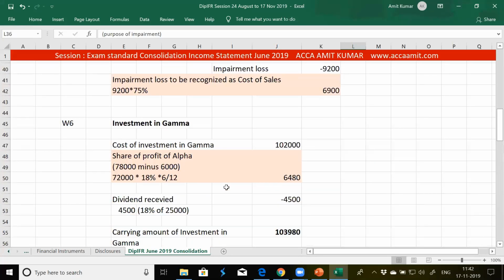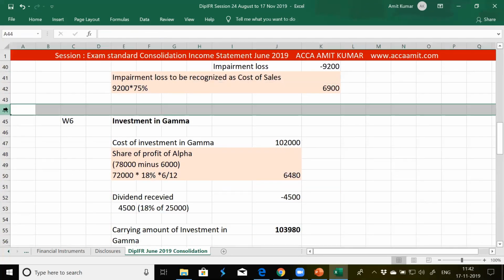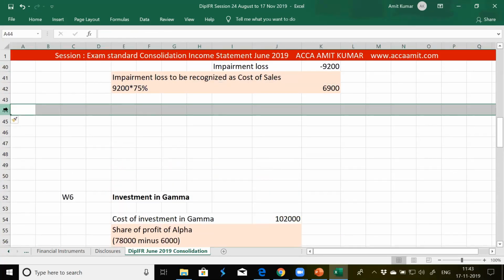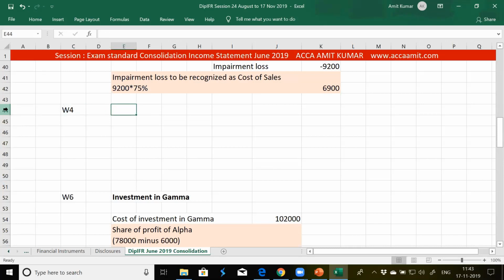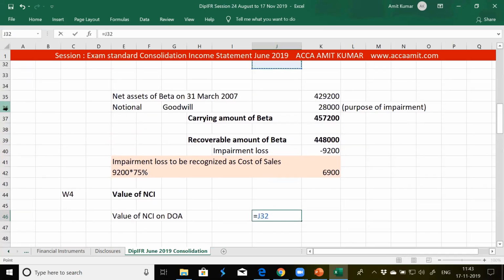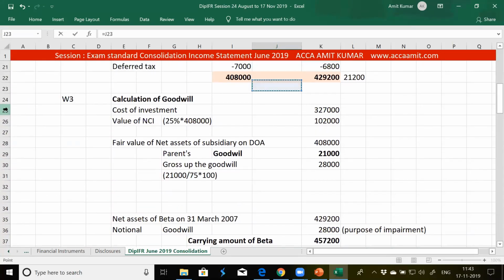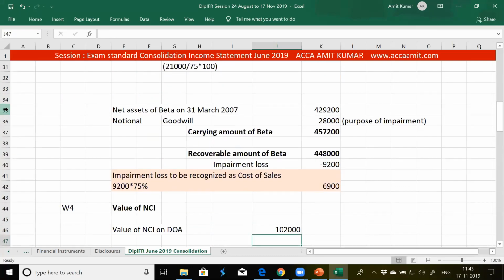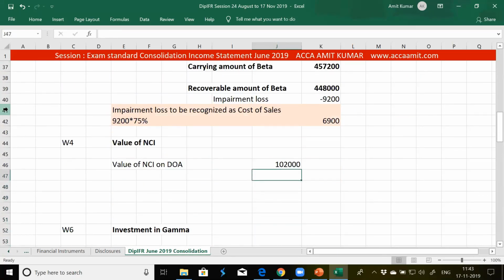Working note number 4. Value of non-controlling interest. Value of NCI on date of acquisition, which will give us the value as we calculated, 102,000.